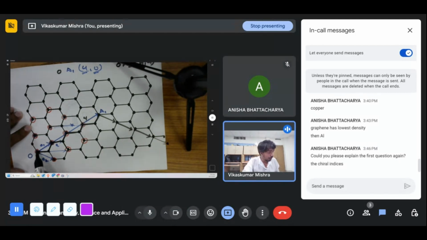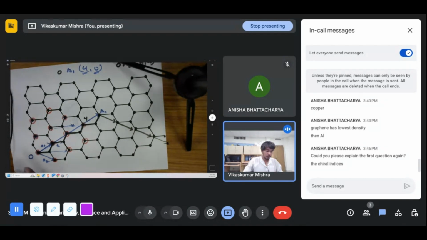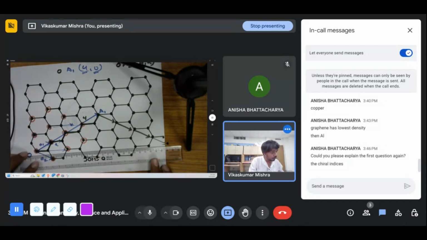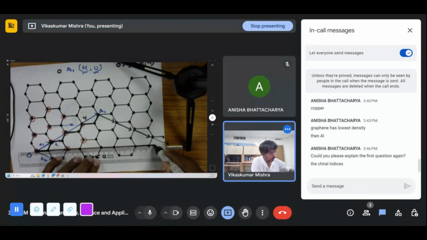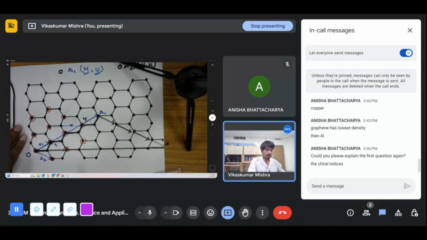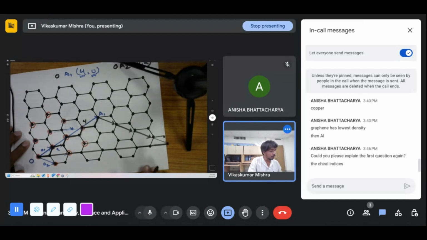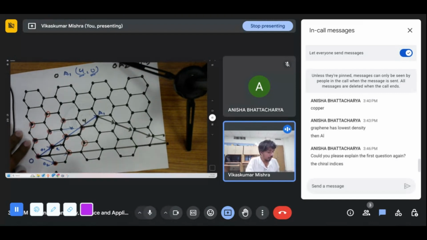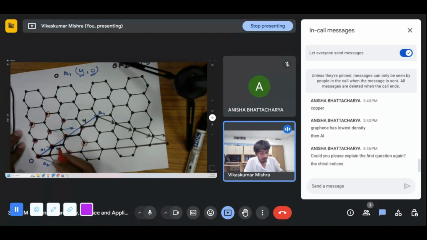This is my OA2. Now if I want to go from the origin to that particular point directly, I can go along these particular paths.